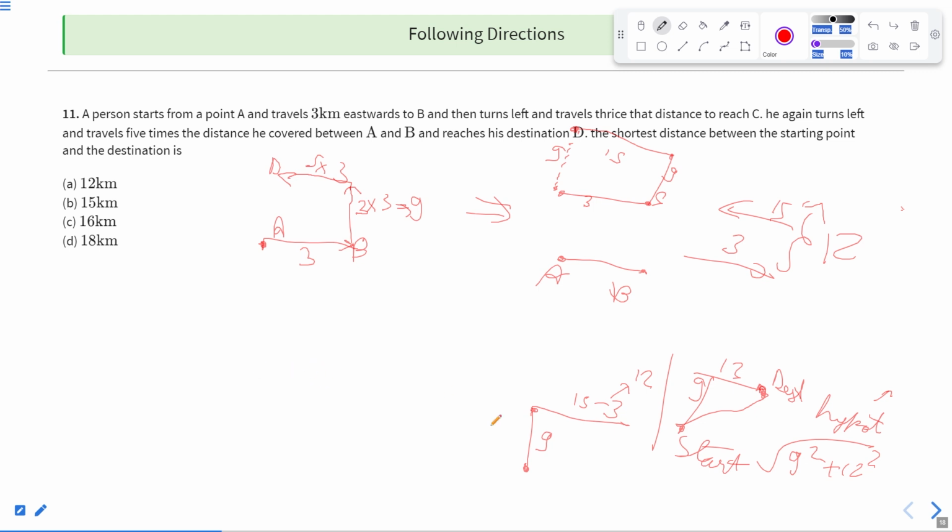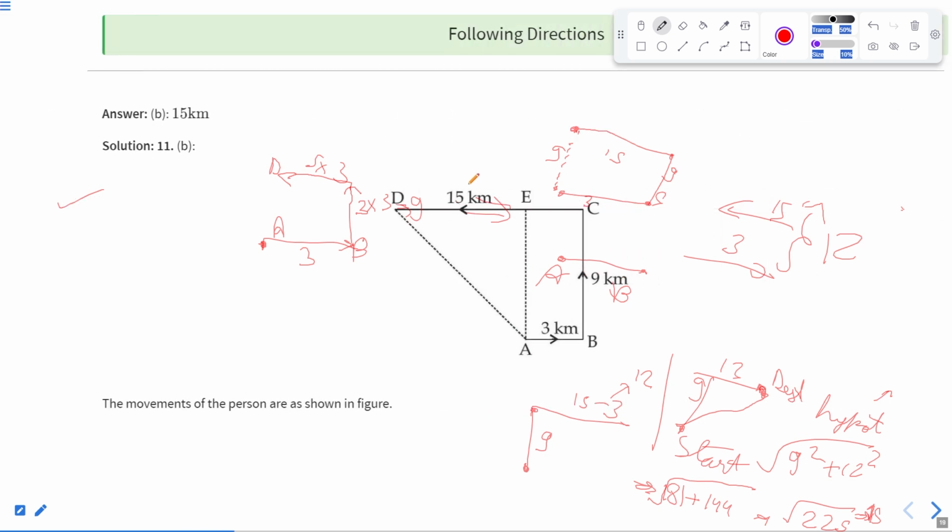Therefore, we have 81 plus 144, which is square root 225, which is 15. Answer is B, 15 kilometers.